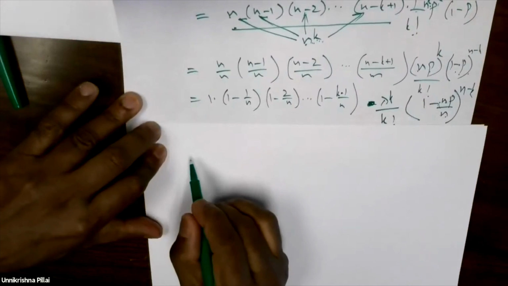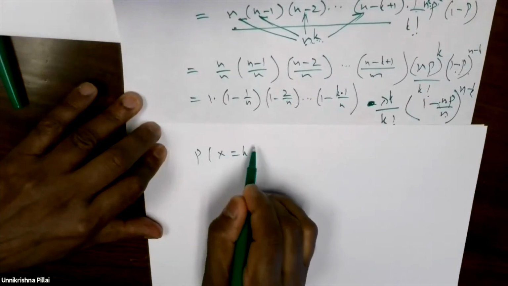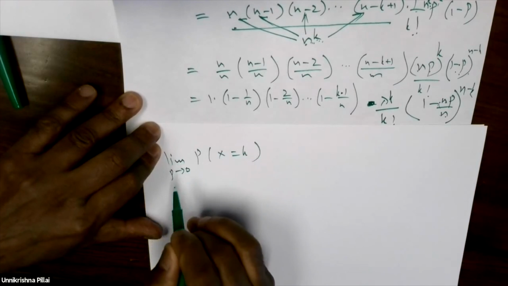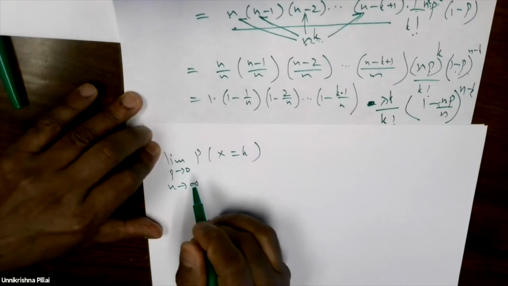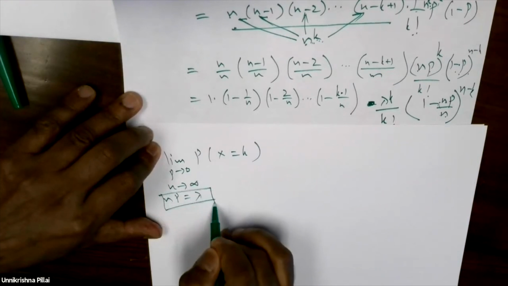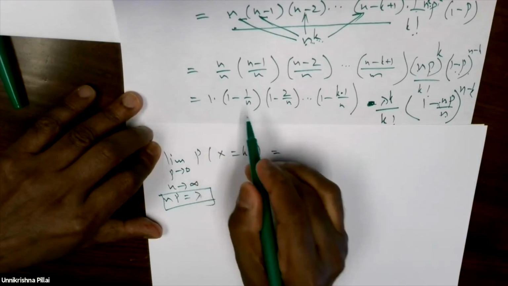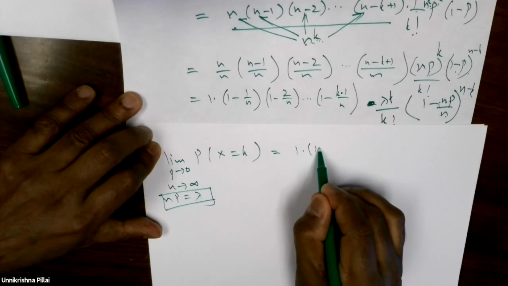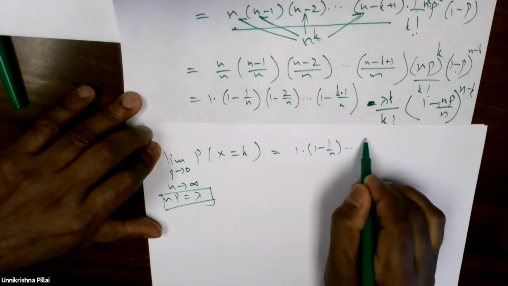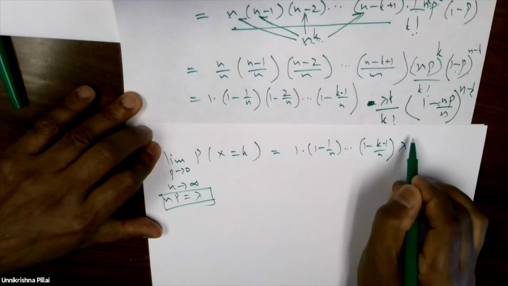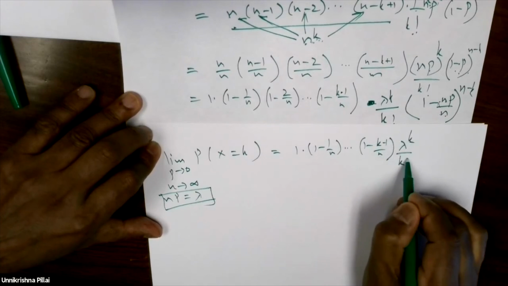So the probability of x equal to k, and we want this in the limit p goes to 0, n goes to infinity, such that np is lambda. This is the key. So from here: 1 over n, etc., 1 minus k minus 1 over n, then lambda to the power k over k factorial.